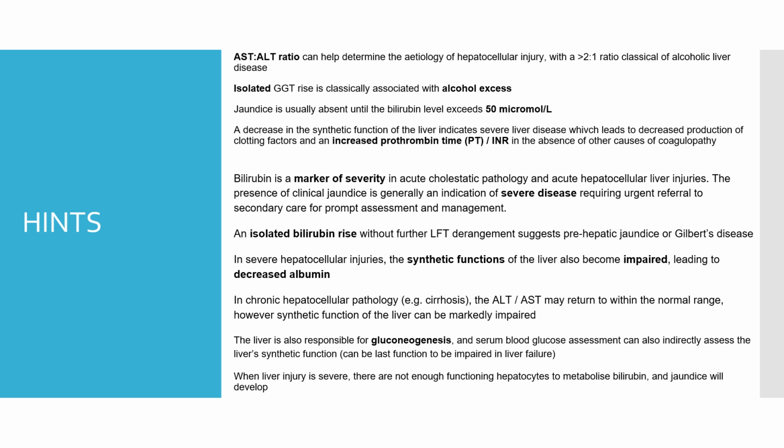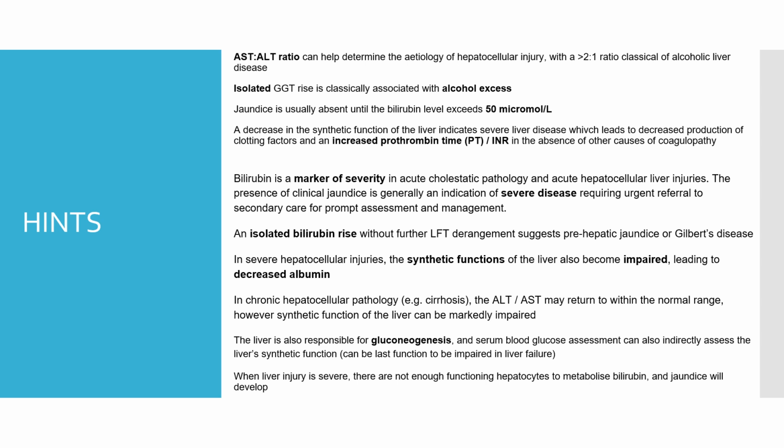Synthetic functions of the liver become impaired, leading to decreased albumin if the liver is injured. When we have chronic pathology like cirrhosis, the bloods may return to normal, but the function still remains impaired. It just means that it's actually trying to repair itself. And so the liver actually will make glucose, which is gluconeogenesis, and it makes it from non-carbohydrate sources.